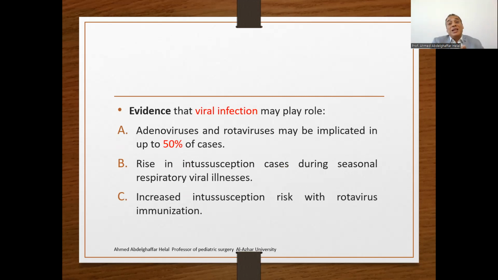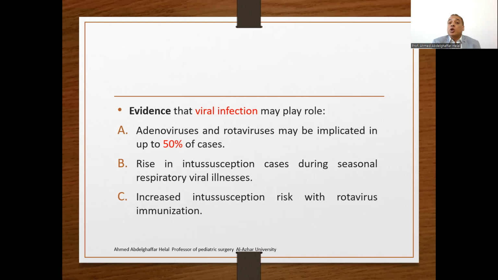Evidence that viral infection may play a role includes, number one, adenovirus, and to a lesser extent rotavirus, which may be historically implicated in up to 50% of cases. Number two, there is a documented rise in intussusception cases during seasonal respiratory viral illnesses. So during seasonal respiratory virus illnesses, you expect to see more and more cases of intussusception.